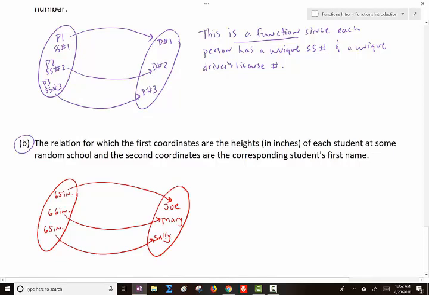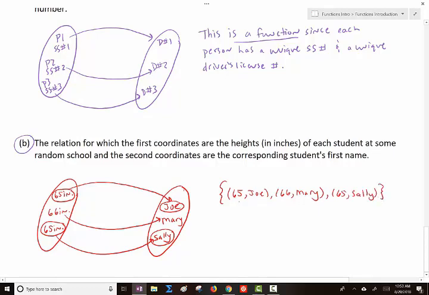So as we can see, the first coordinate of 65 inches has two different second coordinates. If we were to write this out as a set of ordered pairs, we would have something like (65, Joe), (66, Mary), and (65, Sally).